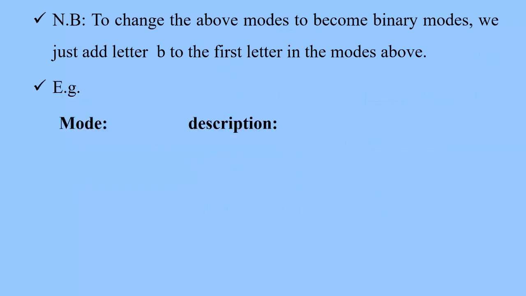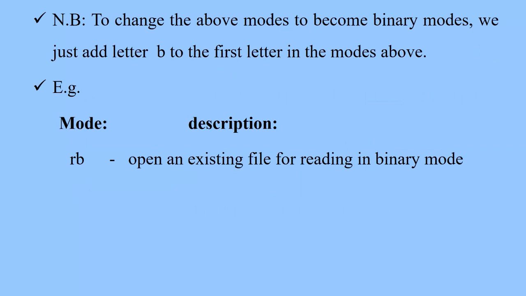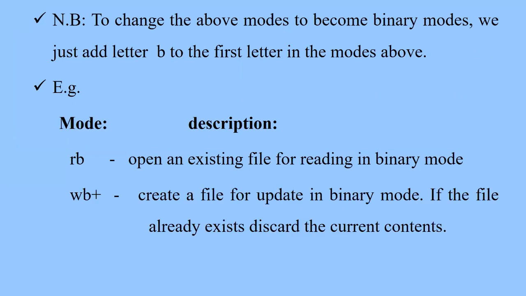For example, RB means open an existing file for reading in binary mode. WB plus means create a file for update in binary mode. If the file already exists, discard the current contents, amongst the others. So you just continue adding B to each of the modes that I have already talked about.